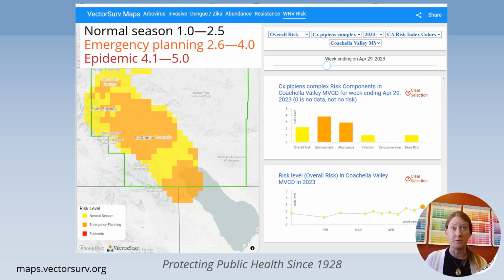And if the risk level is between 4.1 and 5.0, we are seeing active transmission and are in epidemic conditions. For this example, the risk of virus transmission is highest in the eastern Coachella Valley communities and in some of the cities, and this means we would begin to focus our work there to reduce the risk. I'll describe more in our next slides what we mean by focusing our work.